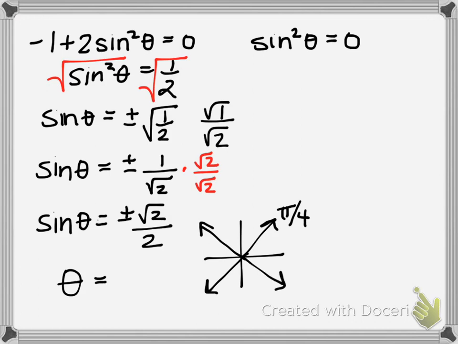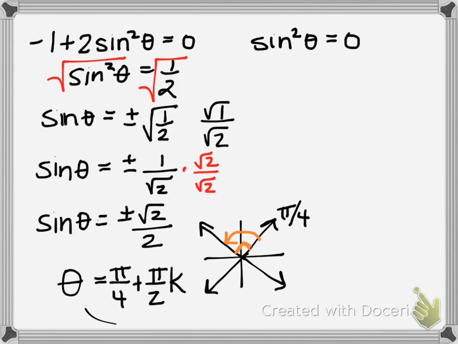So the most efficient way of listing all of these angles, notice, to go from pi fourths into the second quadrant, you'd be adding 90 degrees, you'd be adding pi halves. So a more efficient way of writing this would be pi fourths plus pi halves times k. In other words, we're going to keep adding multiples of pi halves.